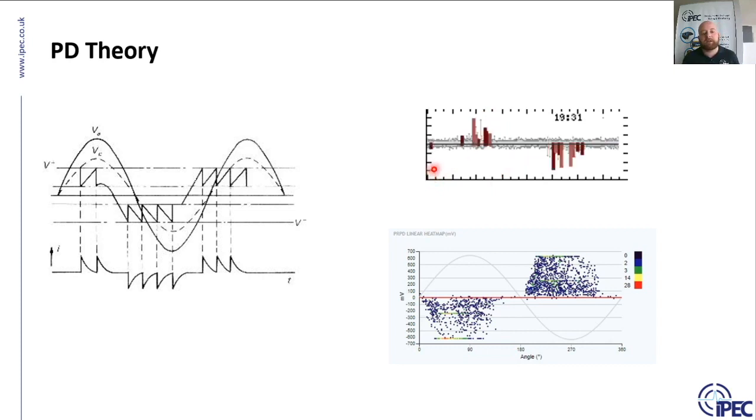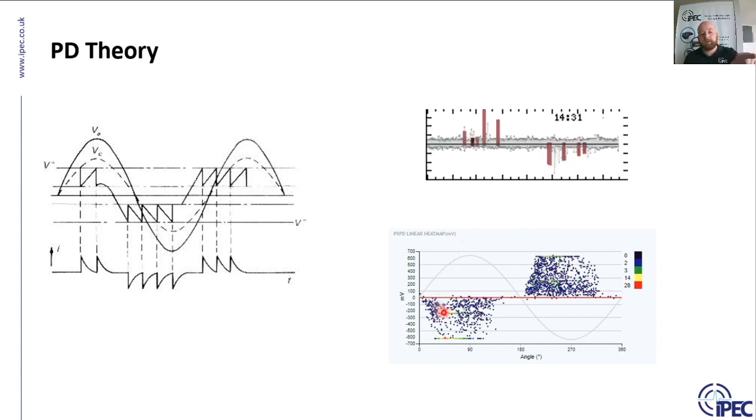Here all we're looking at is raw data, and each one of these markers is a PD location, but we can very clearly see PD occurring in the power cycle here. So PD, rising edge of the power cycle, falling edge of the power cycle. This one's flipped around the other way, but it's the same thing, rising edge of the power cycle. So as the energy is increasing, that's where partial discharge is increasing.